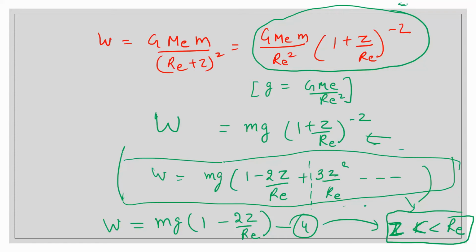Otherwise this equation number 4 will not hold. And the physical interpretation is that if you go above the earth's surface, your weight will decrease. As you can see, here we have a minus sign, so this means that W will decrease when we go up above the earth's surface. So you can make this interpretation.